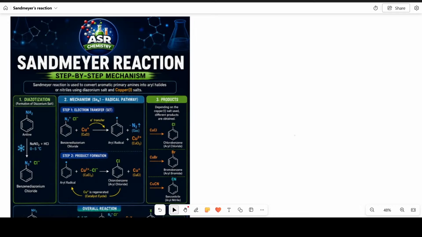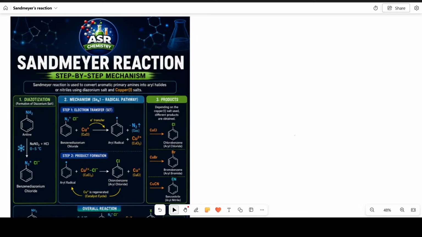Sandmeyer's reaction converts an aromatic amine like aniline into an aryl halide or nitrile using a copper-1 salt. It begins with diazotization, treating aniline with sodium nitrite and HCl at 0 to 5 degrees Celsius to form benzene diazonium chloride, followed by a radical nucleophilic substitution reaction.